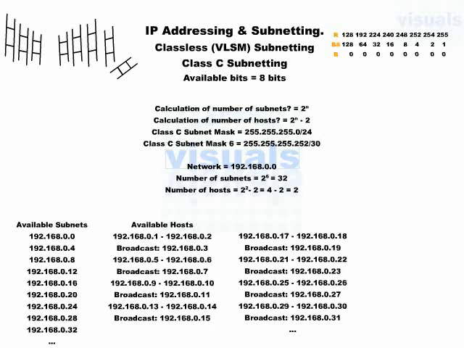We have to cover class B and class A also. Now for this example, you can see example number 6. For this example, I am applying 6 bits for subnets and 2 bits for hosts for each subnet.